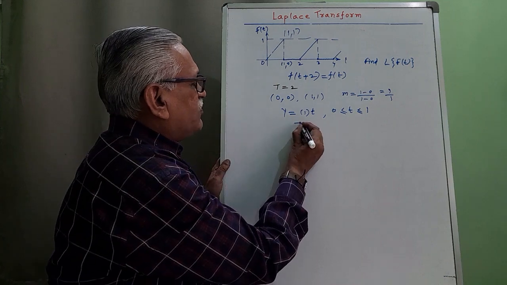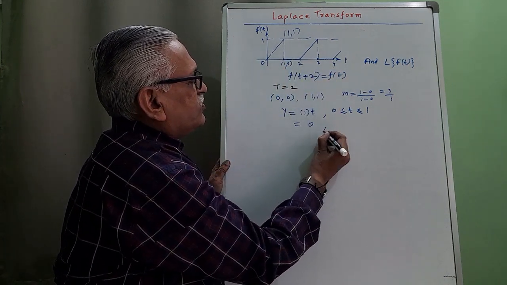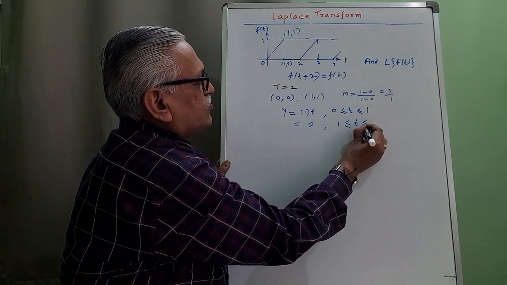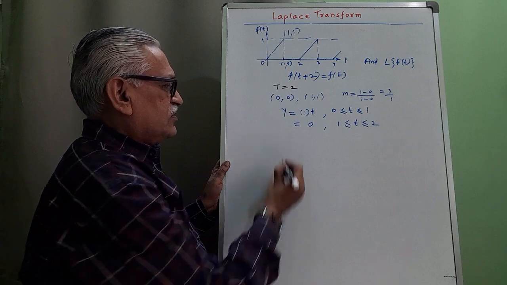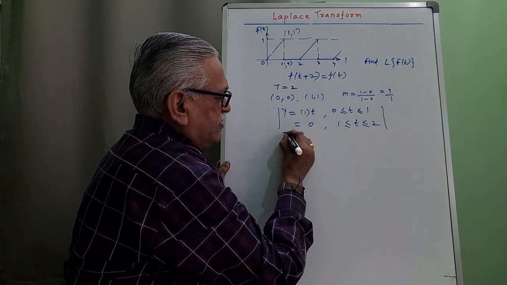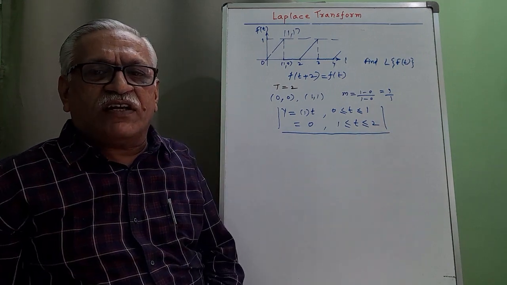The second value of the function is here the x-axis, equation is 0 between 1 to 2. Therefore, with the help of the figure, the first step is to obtain the equation, and then try to get the Laplace transform.